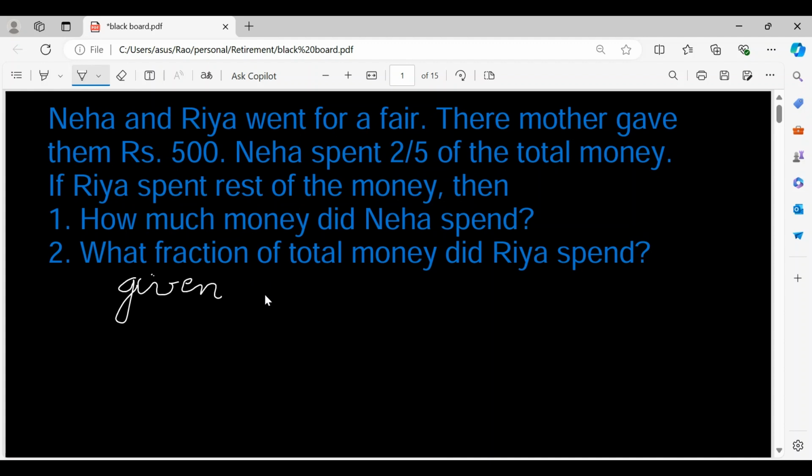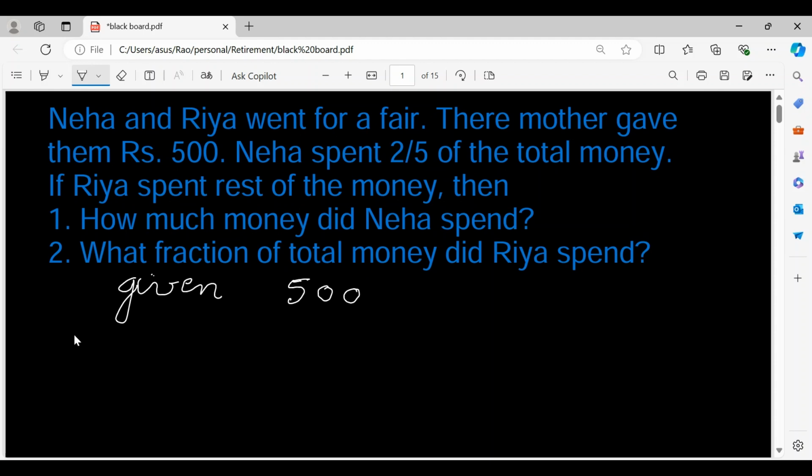Neha and Ria were given 500. Total money was 500. Both the sisters were given 500, and their mother gave them rupees 500. Neha spent two-fifths of the money.